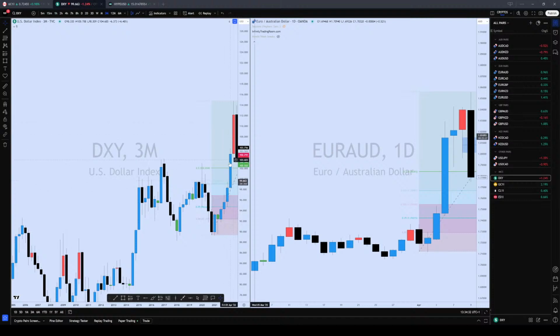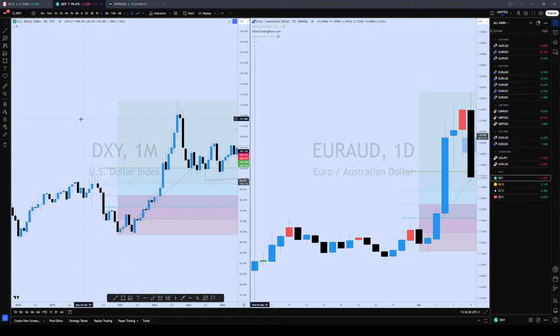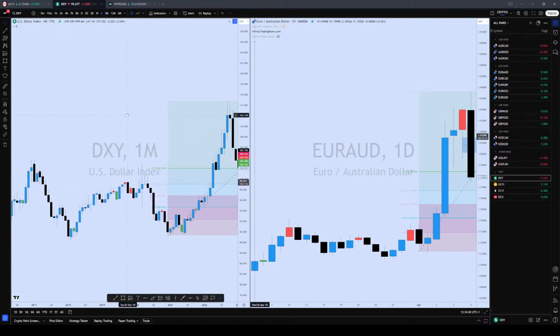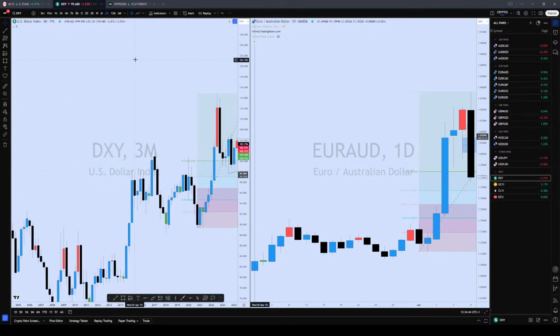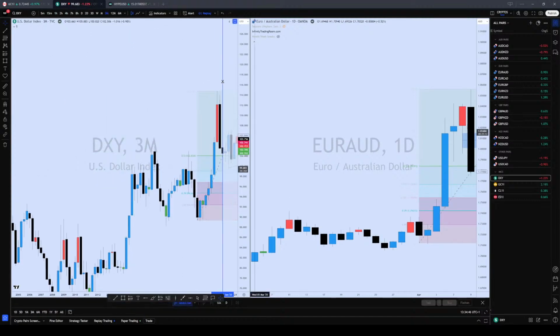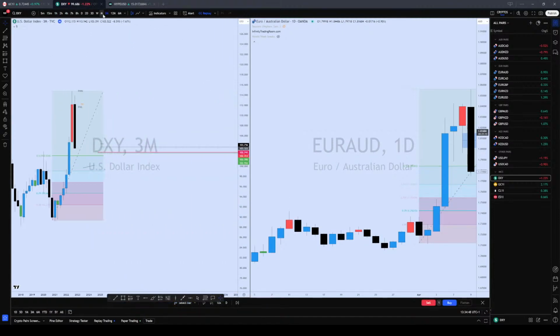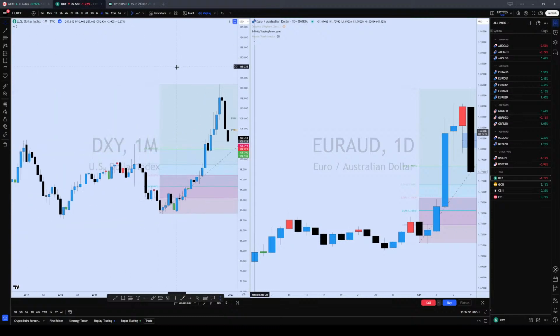And within this move up, you drop down to a lower time frame, and you're gonna get something like this. So this will be an area of accumulation, the down candle.